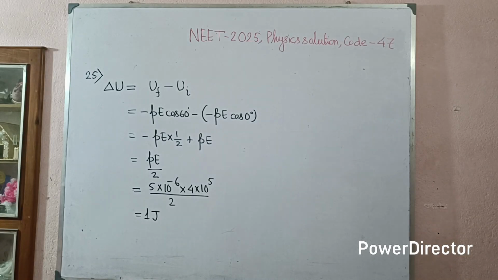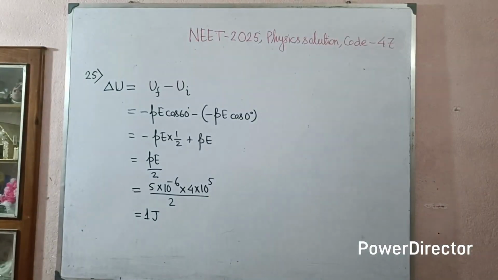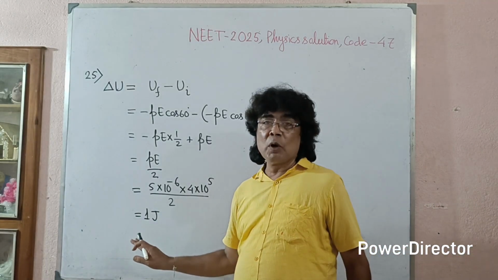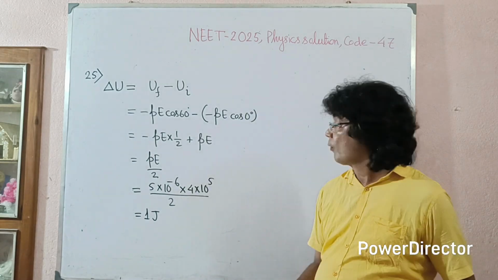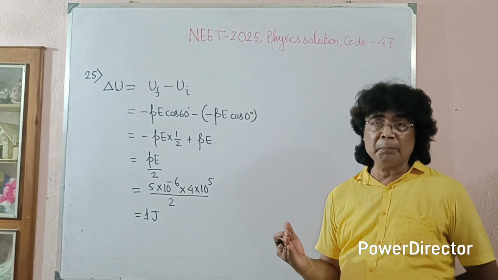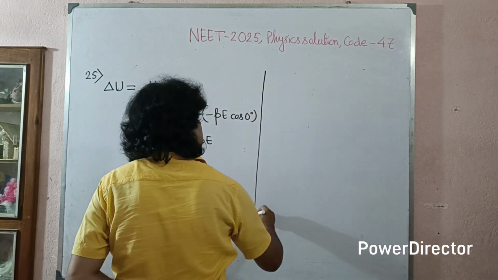So what is the correct answer? The correct answer is number 3. So correct answer is 1 joule. You can solve this problem using this formula.